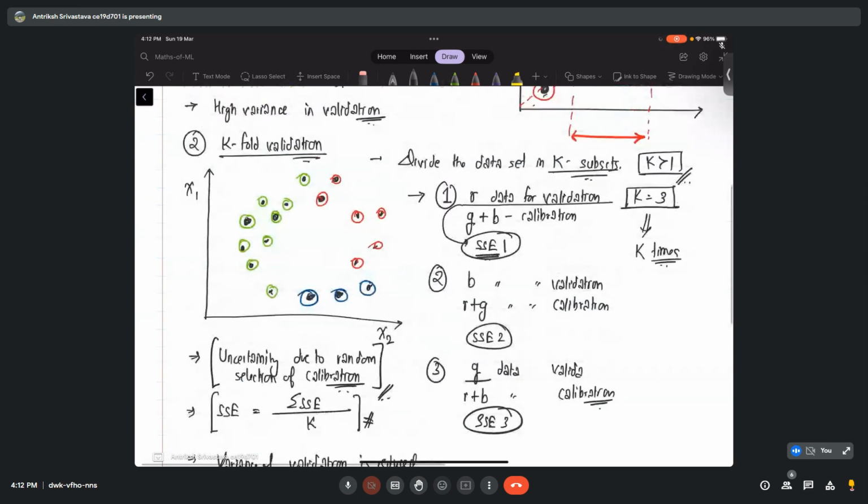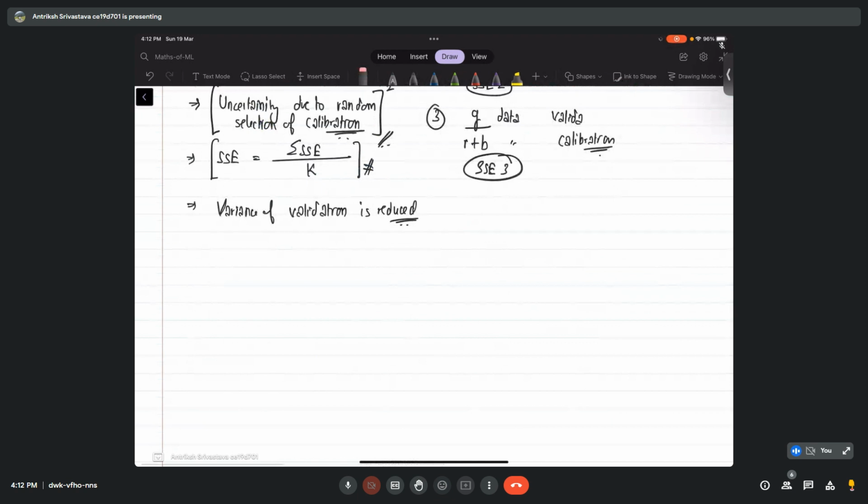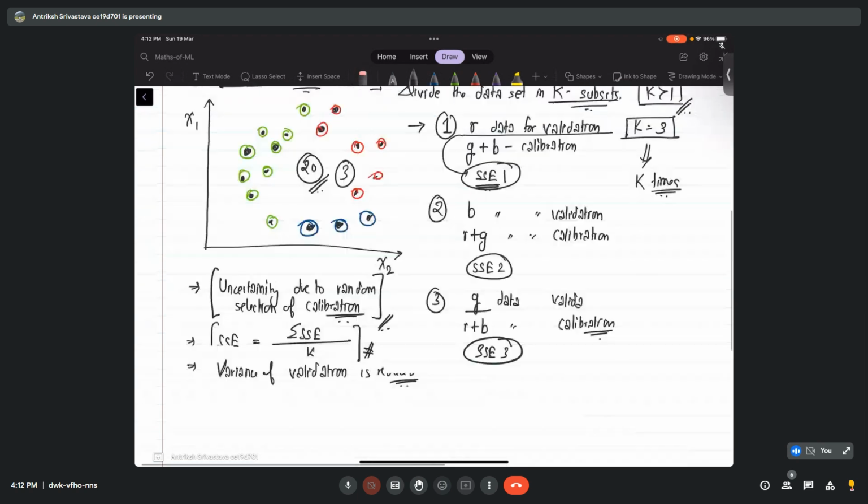Okay, so here we did k-fold on the data set. So let's say in this maybe 20 data set, we divided into 3. Now an extreme case of this k-fold is that we divide the data set into a number of subsets equal to the number of observations itself.